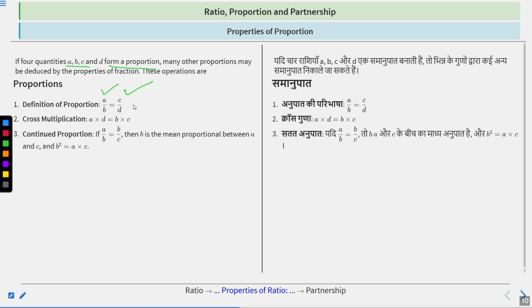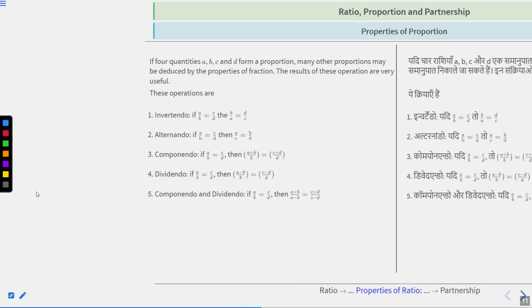A upon B equals C upon D is called the proportion. Clear? We can write it in cross multiplication form: A multiplied by D and B multiplied by C, both are equal. Continued proportion or mean proportion is when A by B equals B by C. B is the mean proportion between A and C. So B squared is equal to A multiplied by C.